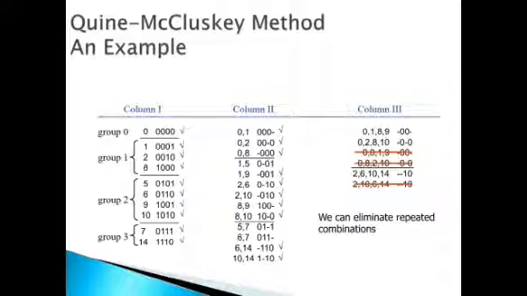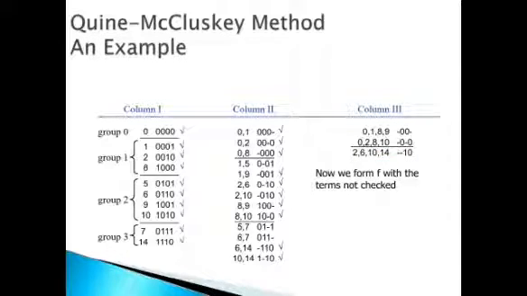There is a repetition of a few combinations, so we will ignore those. We are left with 3 combinations: 0, 1, 8, 9 and 0, 2, 8, 10, and the last combination is 2, 6, 10 and 14. Now in these 3 columns we will check the unmarked combinations.